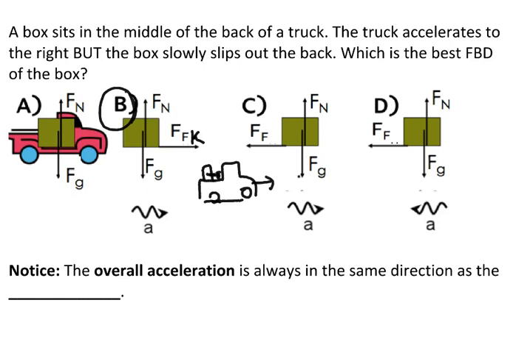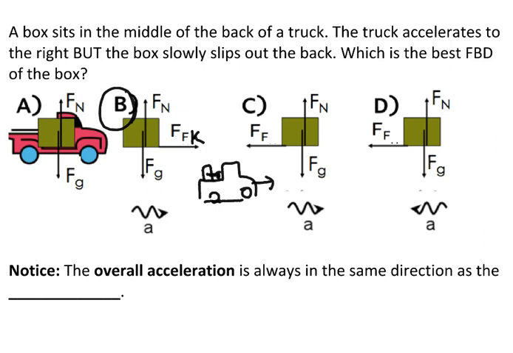They're both going to be accelerating forward, just that the box is not accelerating as quickly as the truck, which is why it slips off the back. But it doesn't actually accelerate backwards, it's just that it's not moving forward fast enough to keep up with the truck. So its acceleration is still forward, and the friction force is still forward because it's sliding backwards.